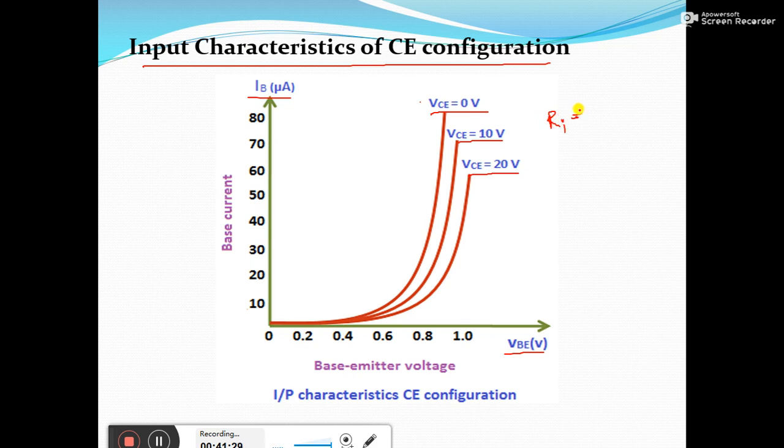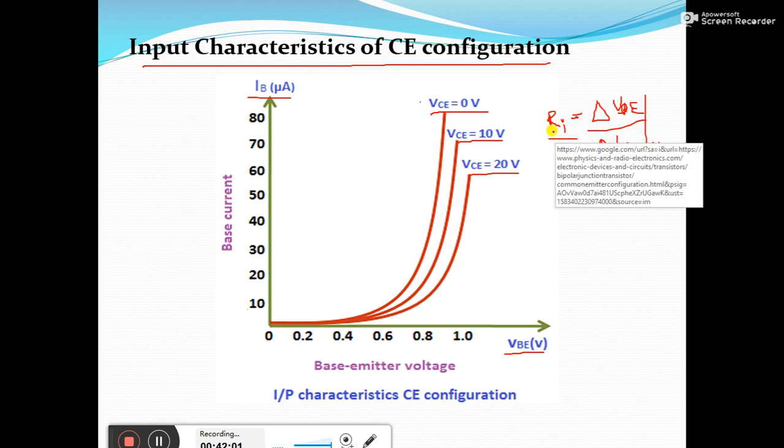Ri will be given as the change in the input voltage, that is VBE, to the resulting change in the current, that is IB, at constant output voltage, that is VCE is maintained constant. After telling this, now we have to tell whether this Ri value is small or large.